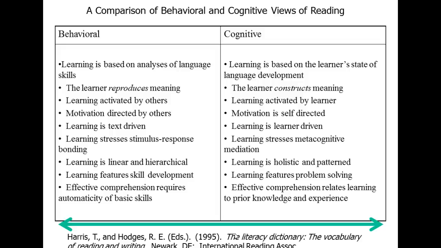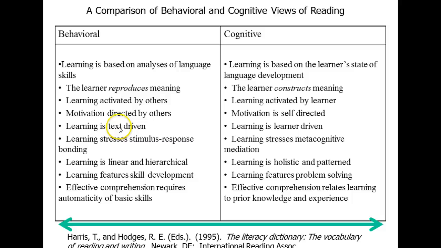Can you place people you know or teachers you've worked with on this continuum? Where do you place yourself? Do you feel that the learner reproduces meaning or the learner constructs meaning? That learning is activated and initiated by others, or that learning is activated and initiated by the learner? That motivation is directed by others, or motivation is self-directed?